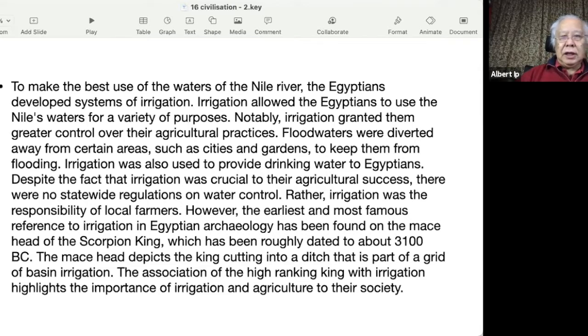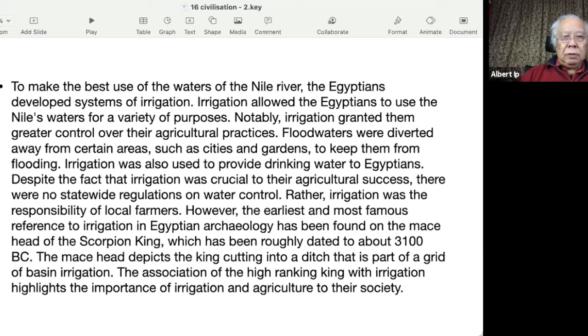However, the earliest and the most famous reference to irrigation in Egyptian archaeology has been found on the mace head of the Scorpion King, which has been roughly dated to about 3100 BC. So we are looking at around 5,000 years ago.